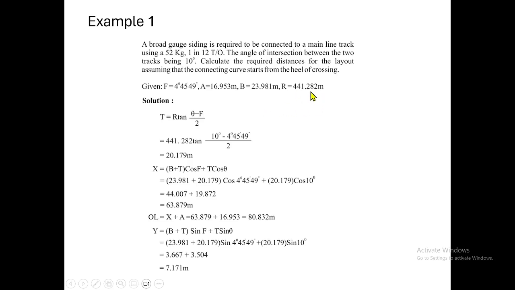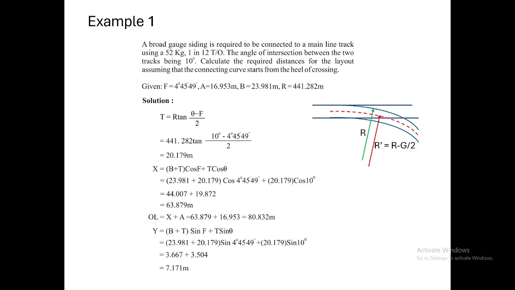One thing I want to say here. Actually our 1 in 12 turnout lead curve radius is this one, R. Suppose you want to adopt the same radius of lead curve as the connecting curve radius. In this case, we have to take R dash equal to R minus J by 2, because this radius is equal to the outer rail radius.